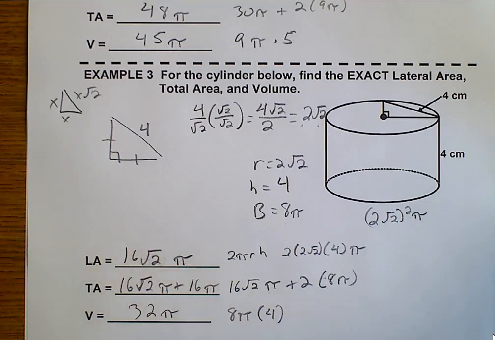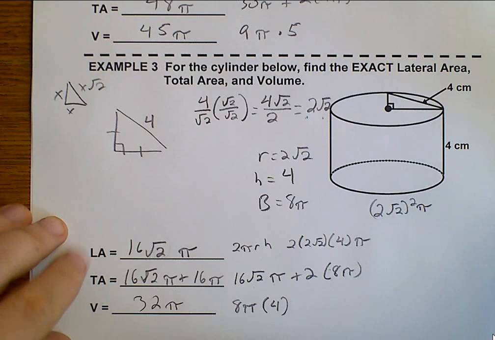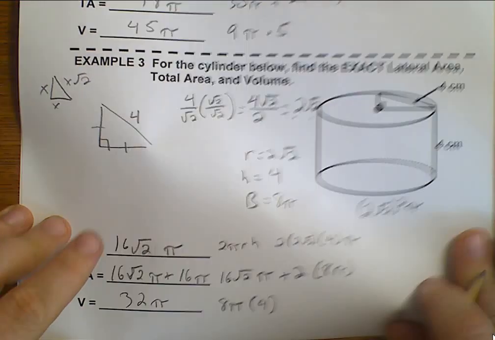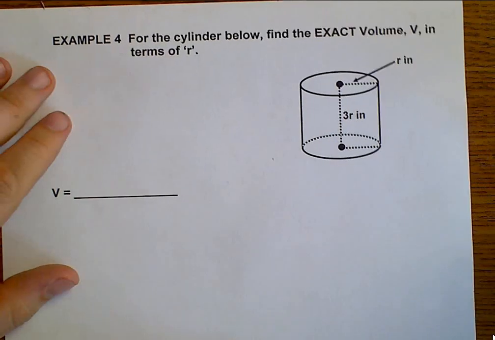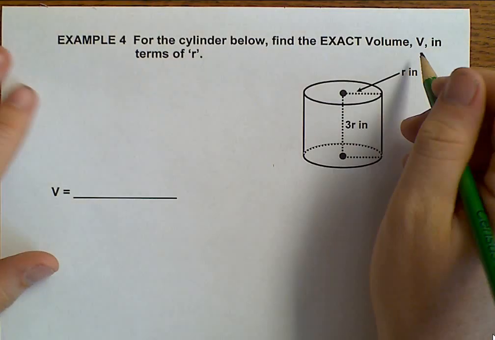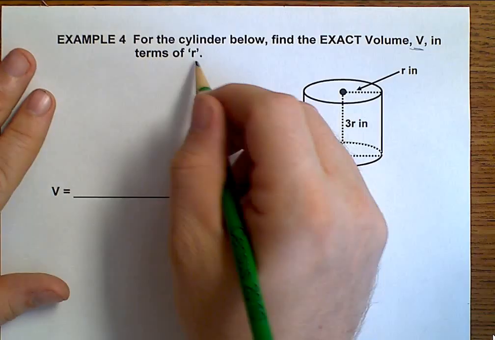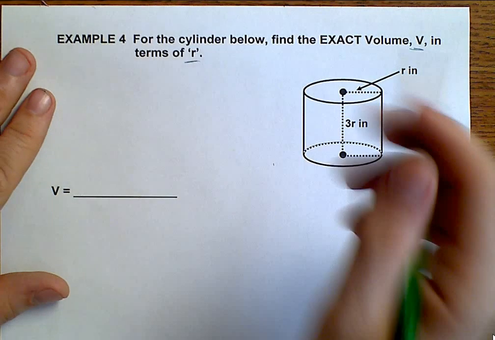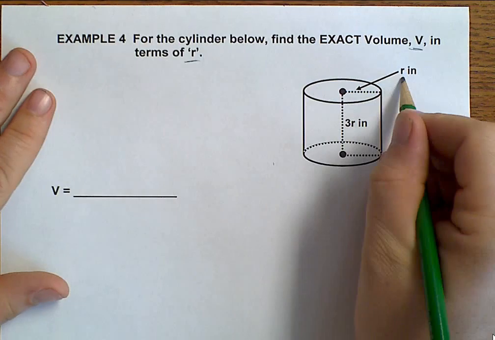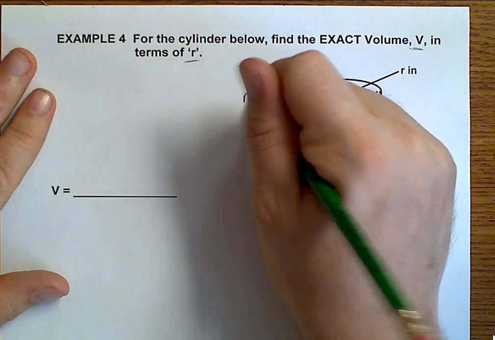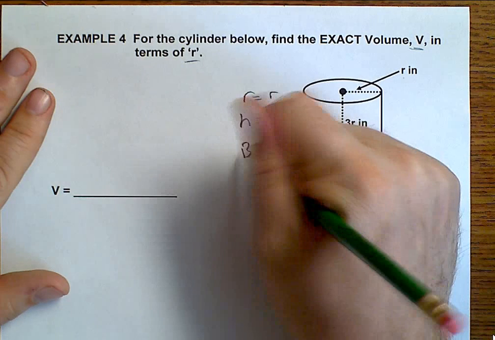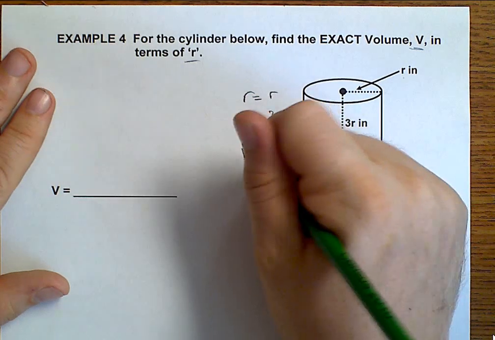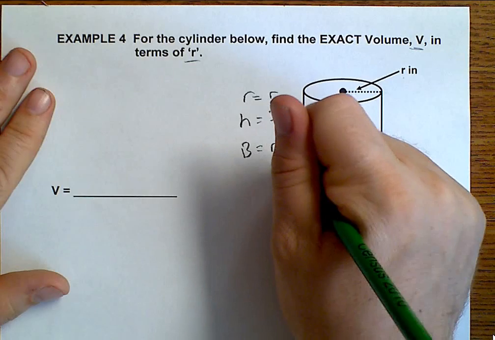And that is example number 3. Moving on to example number 4 and our last example. We're going to find the exact volume V in terms of R. So we have R and we have 3R. So my radius is R, my height is 3R, and my base would be R squared pi.